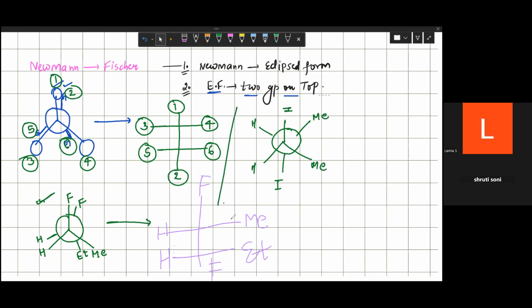In that case, you convert this form into the eclipsed form first, and in eclipsed form, two groups must be on the top side. After that, you can represent it by this method. Any doubt, any issue?